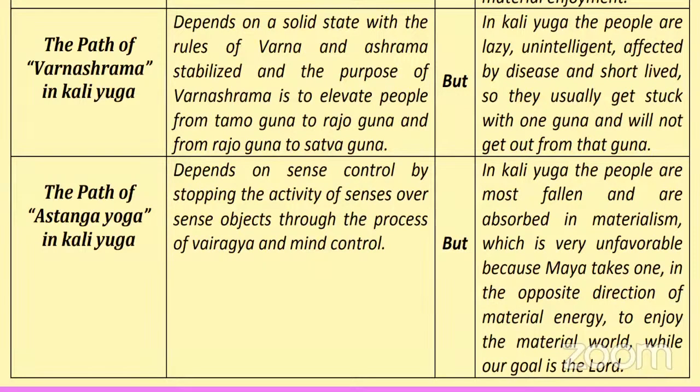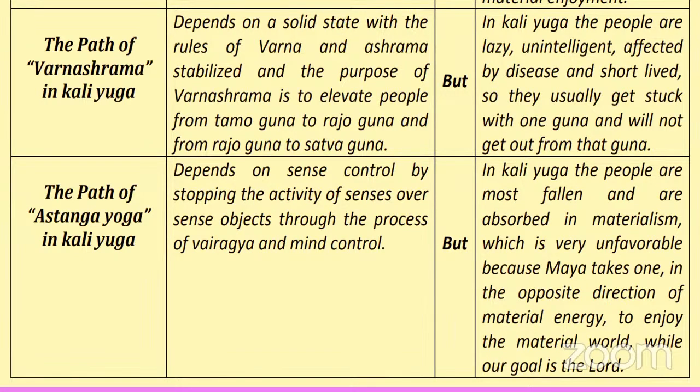Anyway, the path of Ashtanga Yoga in Kali Yuga depends on sense control by stopping the activity of senses over sense objects through the process of Vairagya and mind control. This Ashtanga Yoga needs Vairagya, it needs mind control, because Ashtanga Yoga is very difficult to practice.